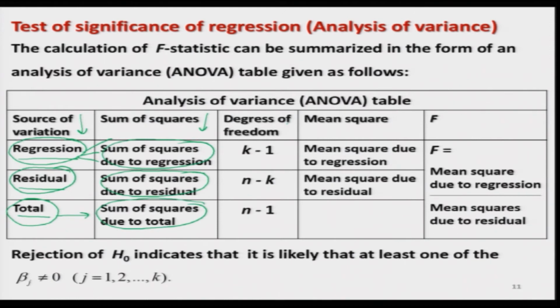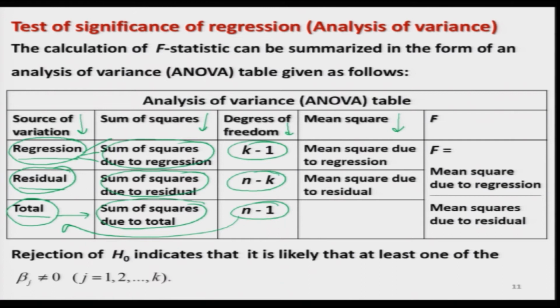Then the third column is degrees of freedom, which are the associated degrees of freedom: k minus 1 for the sum of squares due to regression, n minus k degrees of freedom associated with the sum of squares due to residuals, and n minus 1 degrees of freedom associated with the sum of squares due to total. After this we create one more column which indicates the mean square.